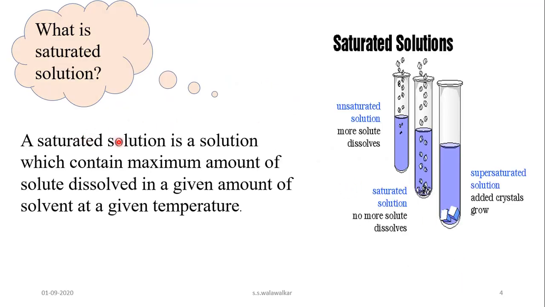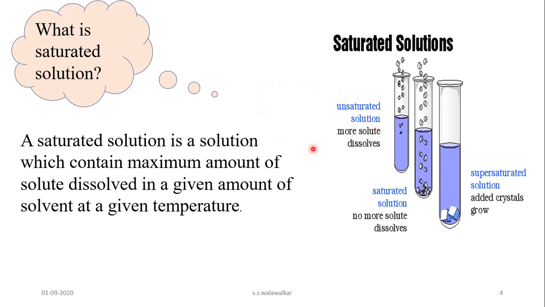And a saturated solution is a solution which contains the maximum amount of solute dissolved in a given amount of solvent at a given temperature. Suppose you take 1 liter of water and add 1 gram of sodium chloride into it, then what happens? It gets easily dissolved, and the NaCl solution you get is an unsaturated solution of NaCl.